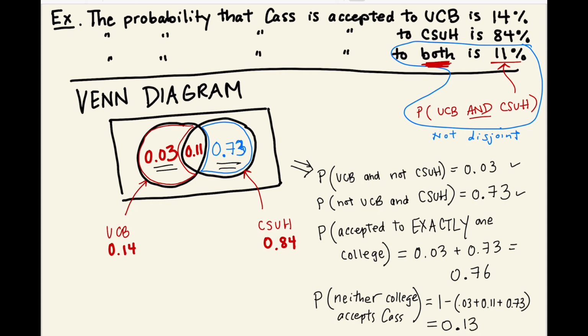And that would be this region you see out here, this sort of outside region here. And you can see that all four of these numbers add up to 1.